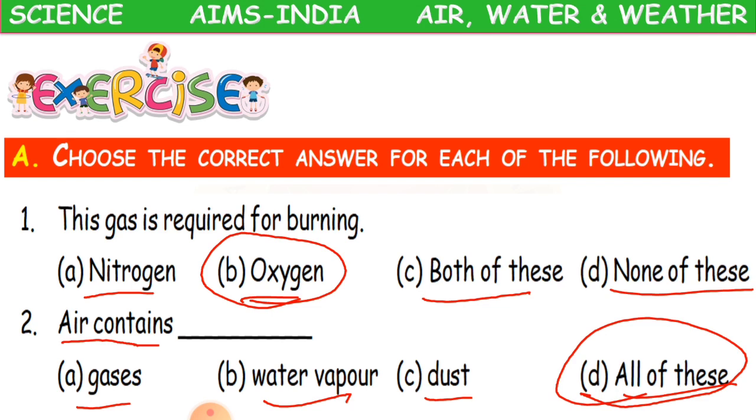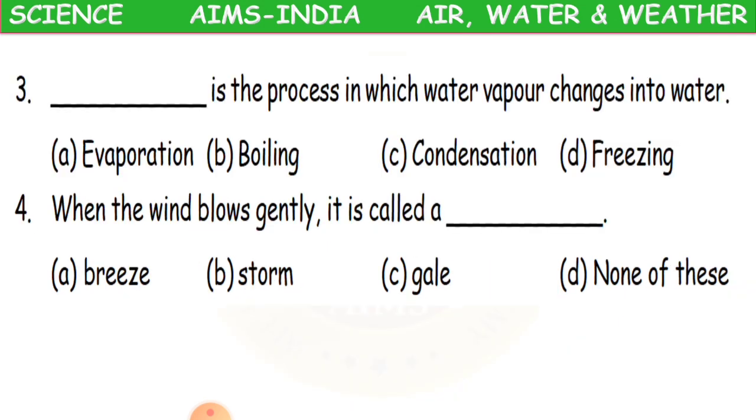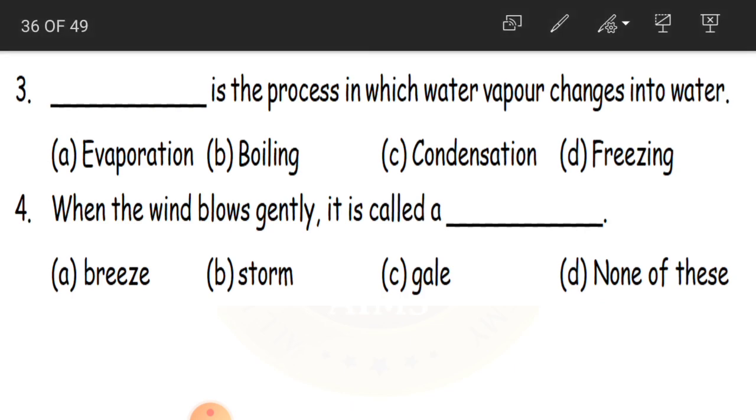Yes, now we'll move on to the next question. Dash is the process in which water vapor changes into water. It's like what we have learned. Air contains water vapor.